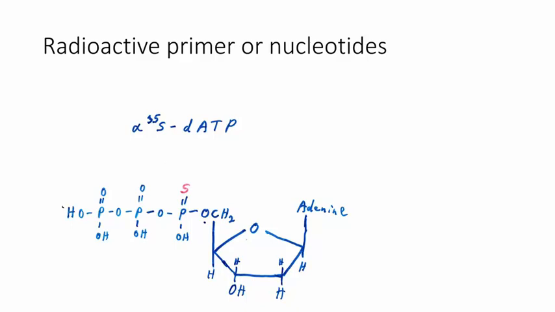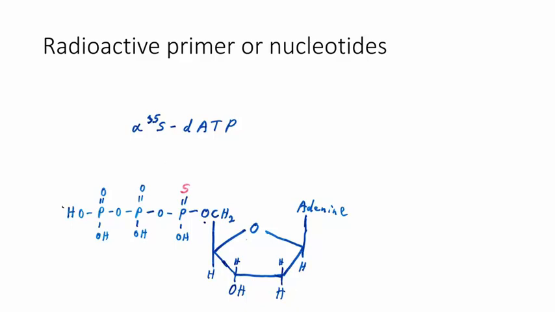We've previously talked about oligonucleotides and how some specific nucleotides are incorporated into oligos. One of the things that Sanger dideoxy sequencing can do is label DNA with a radioactive marker. There are two different ways of labeling DNA with a radioactive marker.